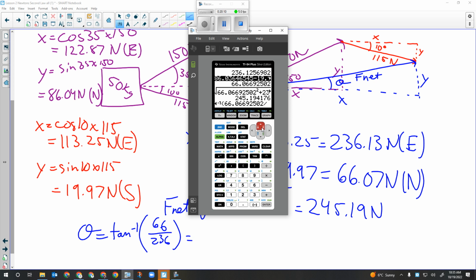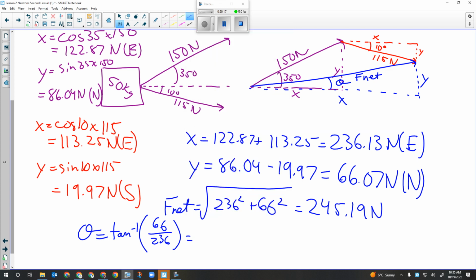So that's telling me 15.6 degrees, which again fits pretty well with what I predicted. And that's going to be north of east.